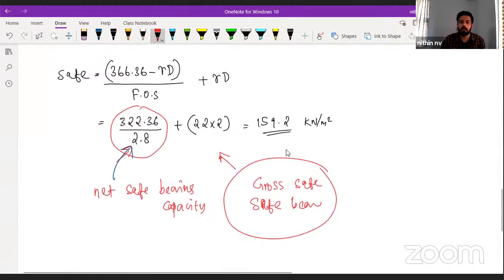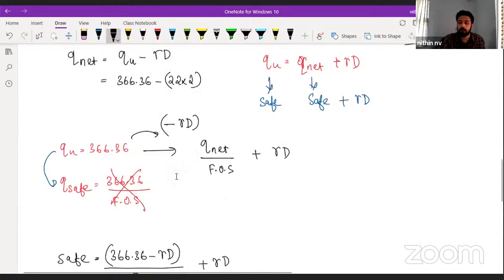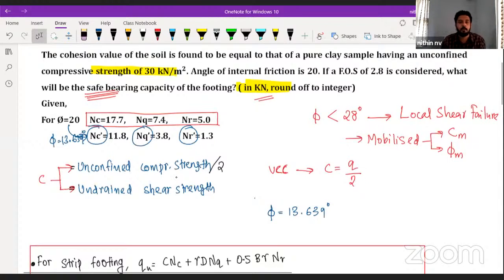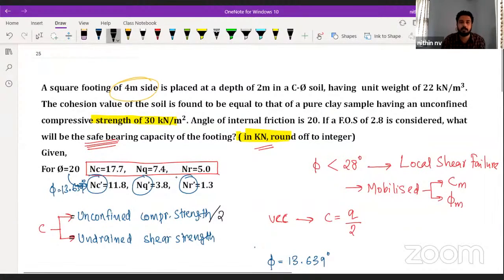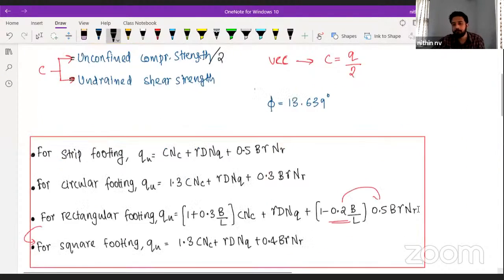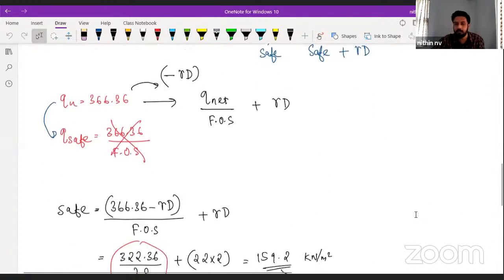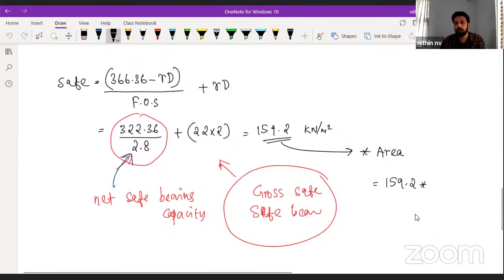So how can we convert that into kilonewton? Multiply with the area of the footing. So how much will it be? 159.2 into, they have given that it is a square footing, size 4 meter side, so into 16.